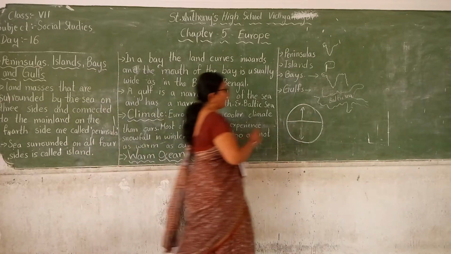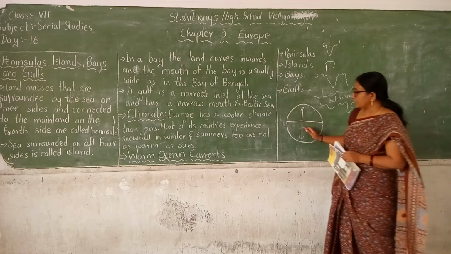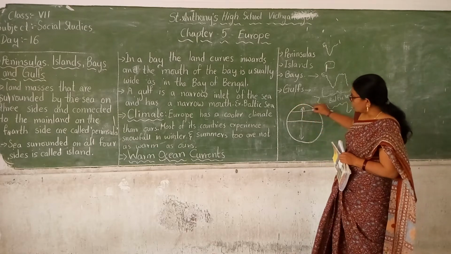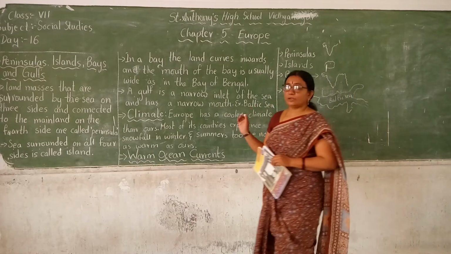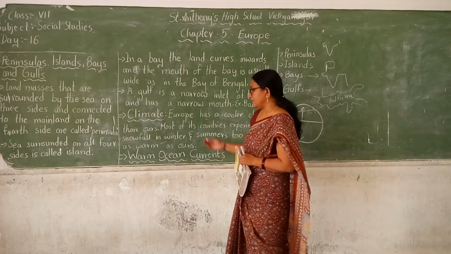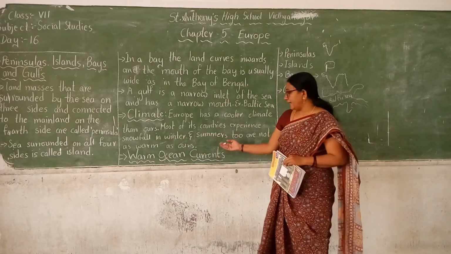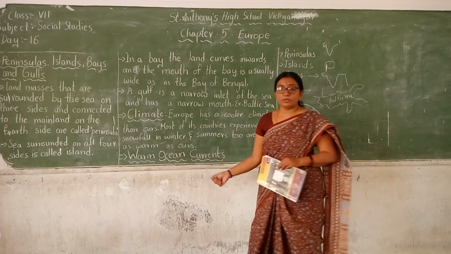If we find the location of Europe on the world map, we observe it in the northern hemisphere and it comes under the freeze zone near the Arctic Ocean. So that is one of the reasons that snowfall is experienced in the winter and summers too are not as warm as ours.